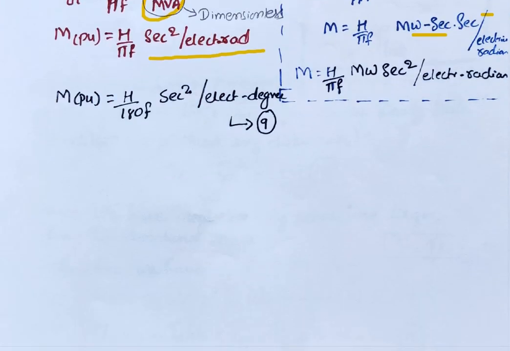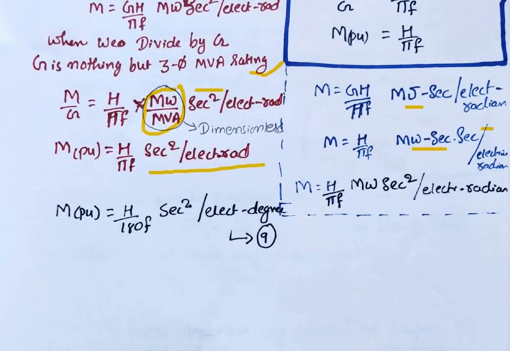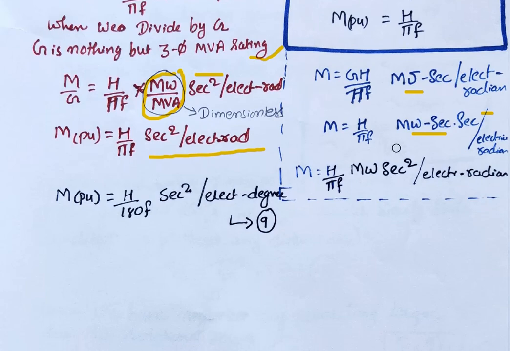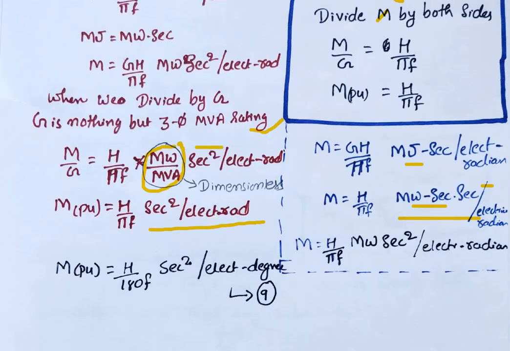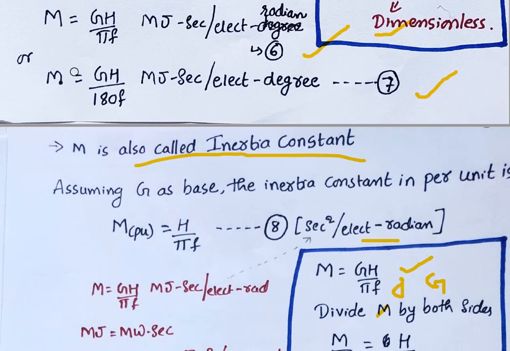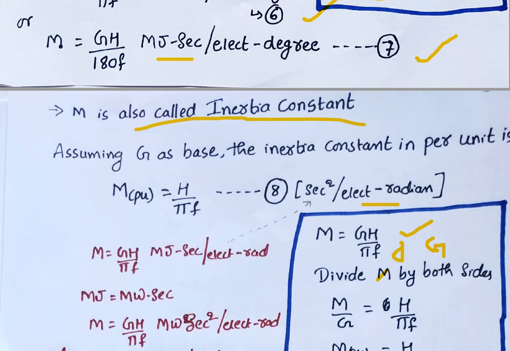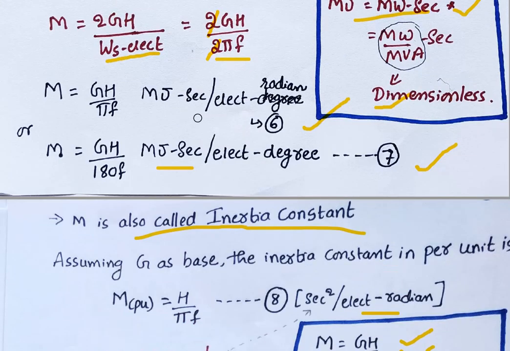Now I place MW second per electrical radian. Now I place MJ second here and we get MW second squared per electrical degree or electrical radian. If I place it here, it becomes degree; if I place it here, it becomes radian.